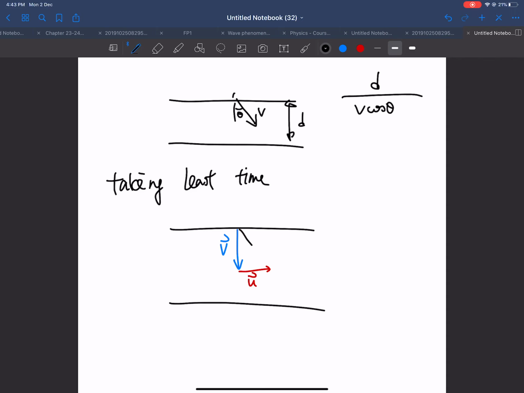And then the resultant velocity is along this direction. It will take the least time. The time taken will be only d over v, okay? The vertical component only.